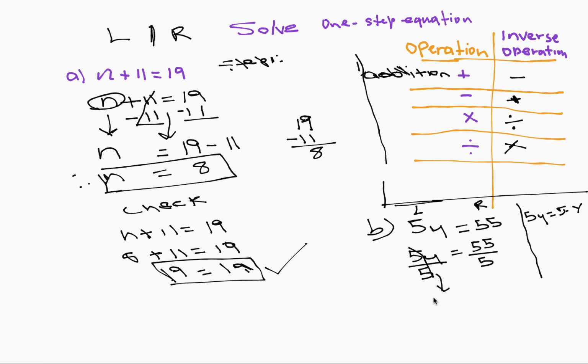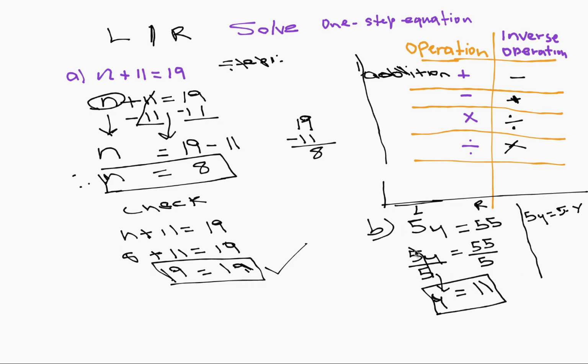Y, okay? Y. So now on the right side of the equation, let's simplify. 55 divided by 5 gives us 11. Okay, that's our solution.